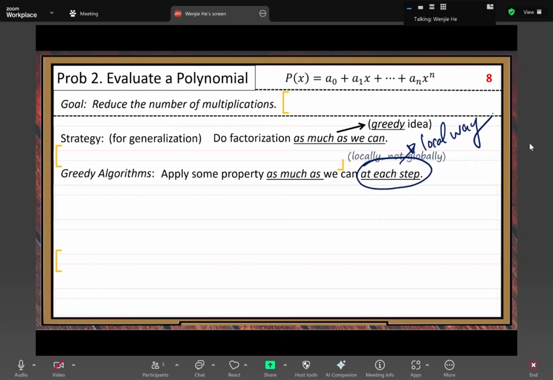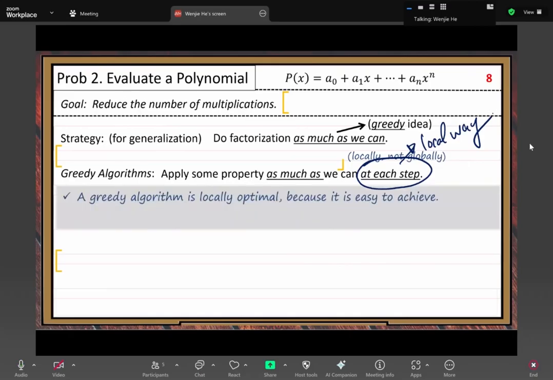I emphasize that because it is an easy way, there is some potential problem. The greedy algorithm has a potential problem.